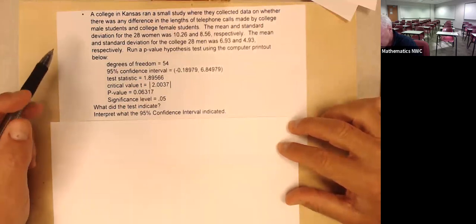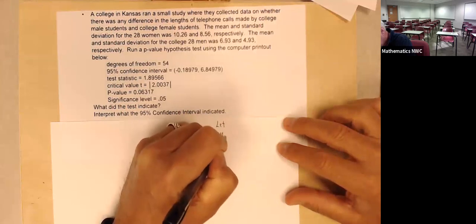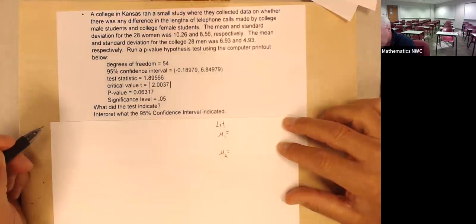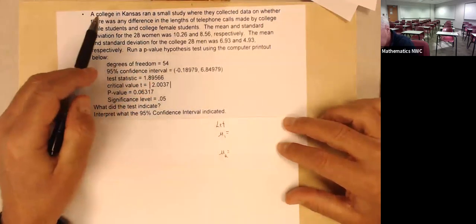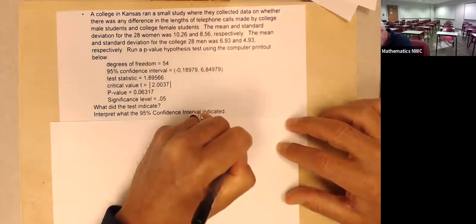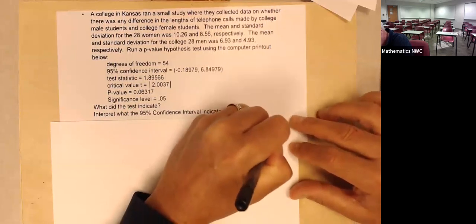Okay? First thing I've got to do, again, is define what each population is. I take the first one given for mu1. The first one given was for women, so this would be the mean time for women.